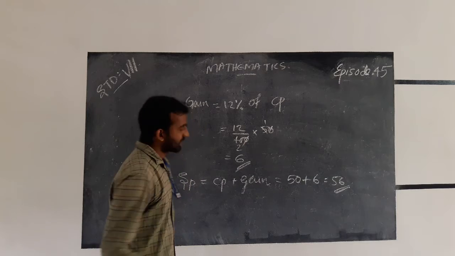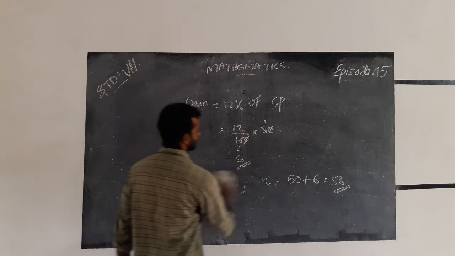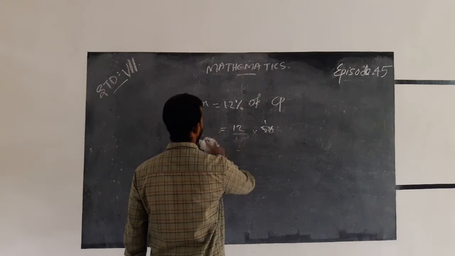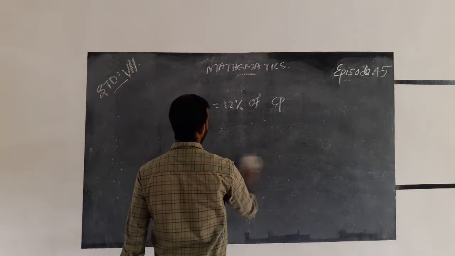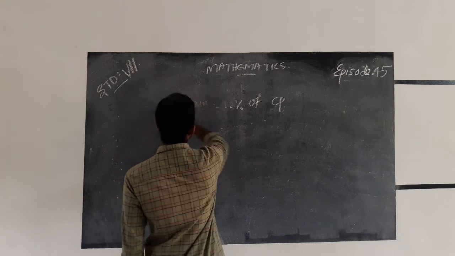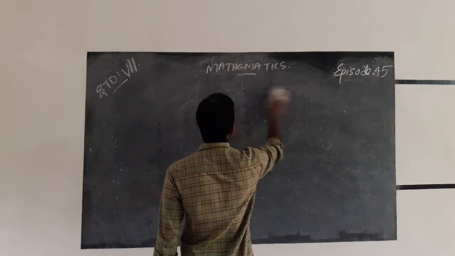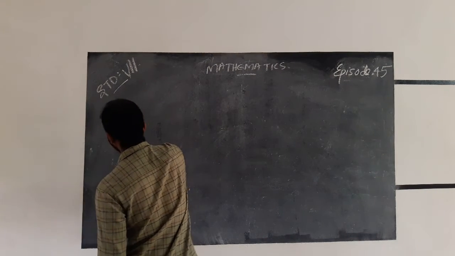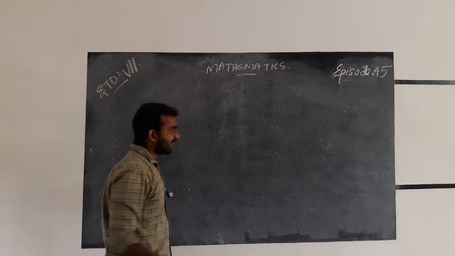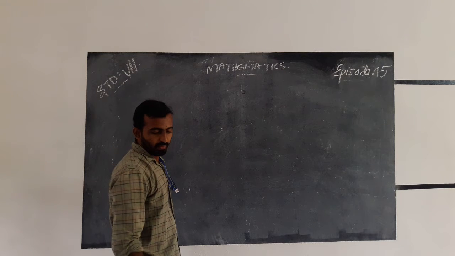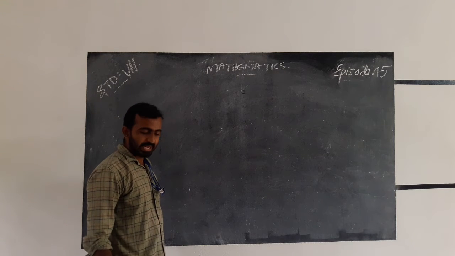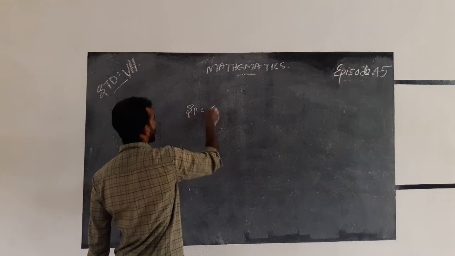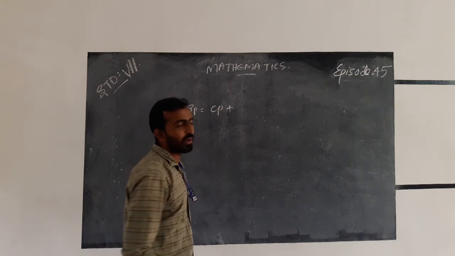The selling price: SP equals CP plus profit or gain.